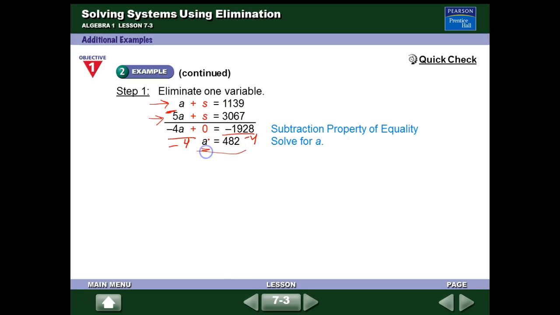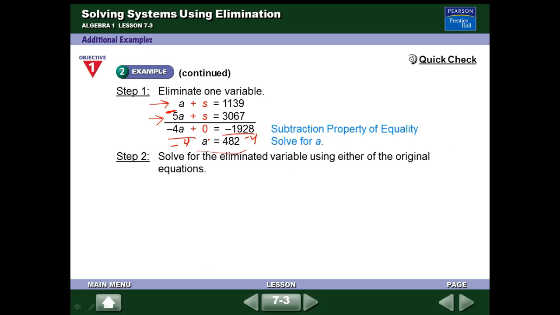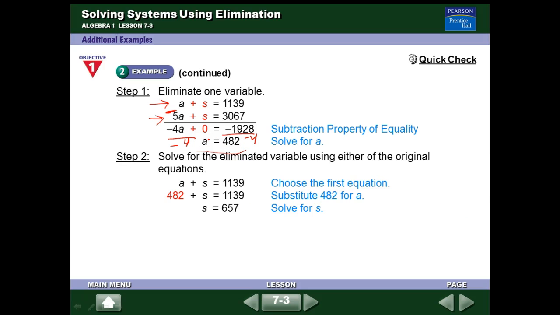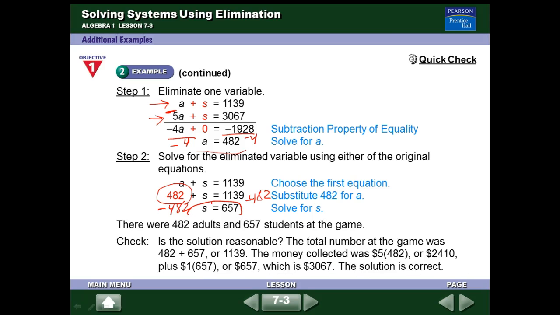So we know what a value is, so we're going to substitute a in. We said a is 482, so we're going to subtract 482 from both sides, and that leaves us with s being 657. So there's 482 adults and 657 students at this game. Is this reasonable?